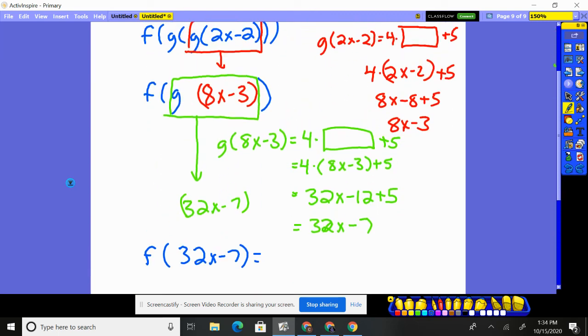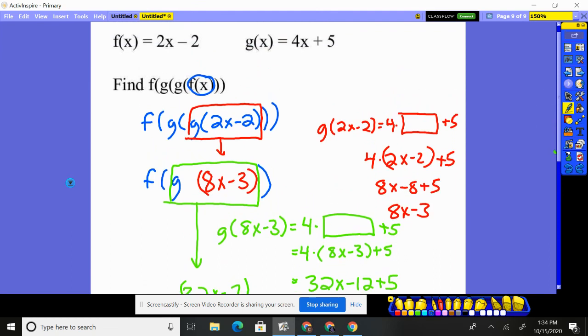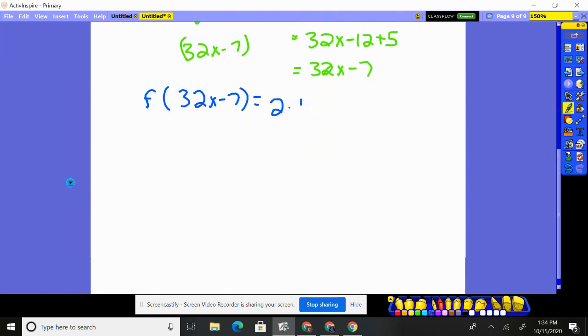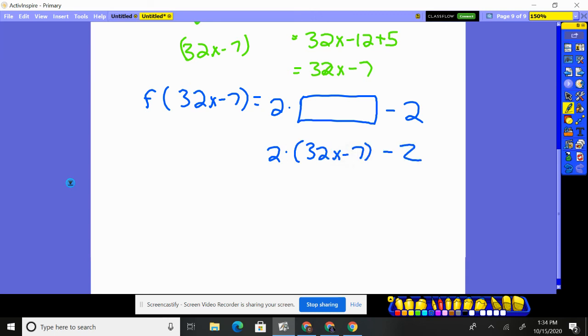The f function says, what is the f function? 2x minus 2. 2 times whatever they give you, minus 2. What did they give us? They gave us 32x minus 7 minus the 2. We distribute through, 64x minus 14 minus 2, and then 64x minus 16.